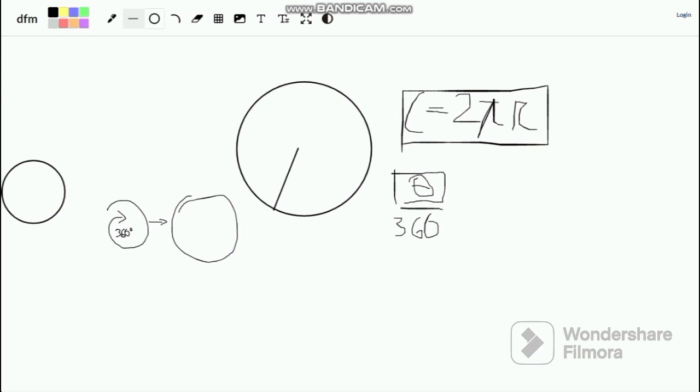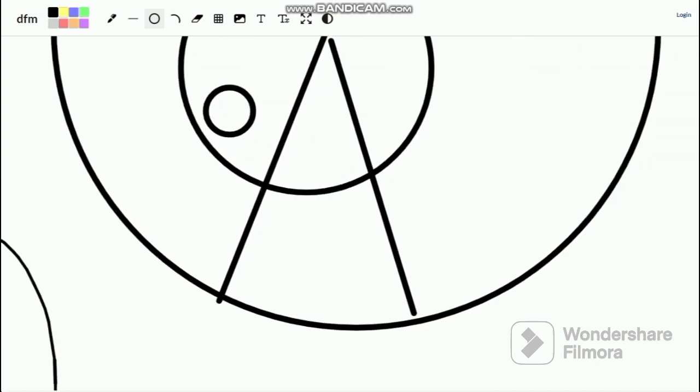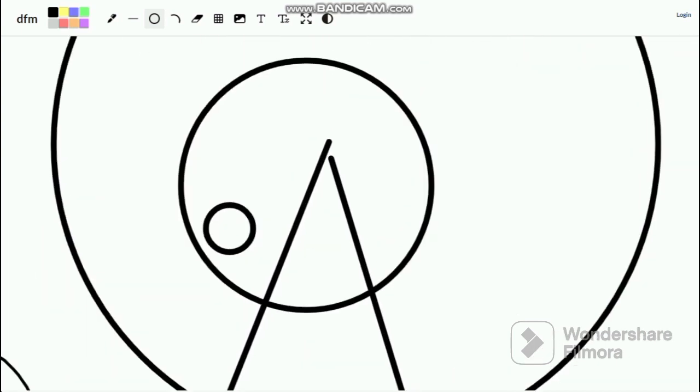Okay, let's draw the sector. If this whole portion is 360 degrees, this portion right here will not be 360 degrees. It will be a part of the 360.